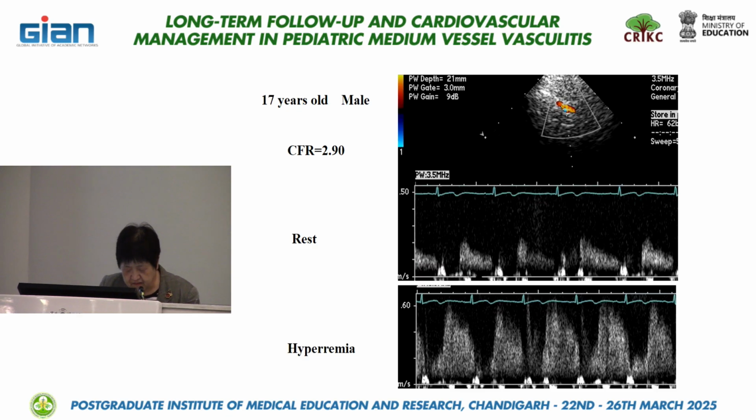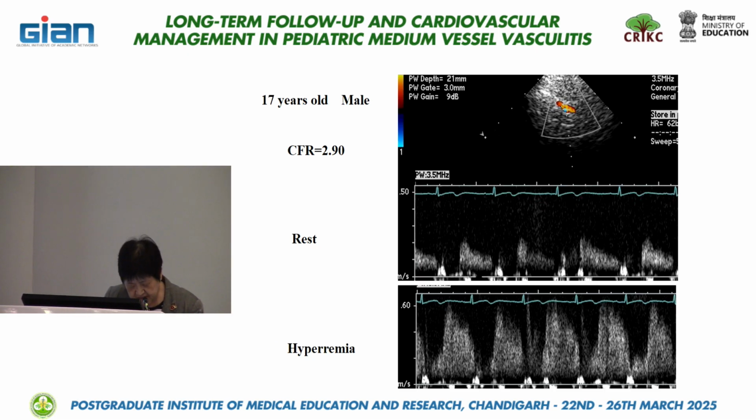This patient is a 17-year-old man with an aneurysm of the right coronary artery. The coronary flow velocity reserve, CFR, was 2.90. He had an aneurysm of the right coronary artery from acute Kawasaki disease at the age of 4 years.